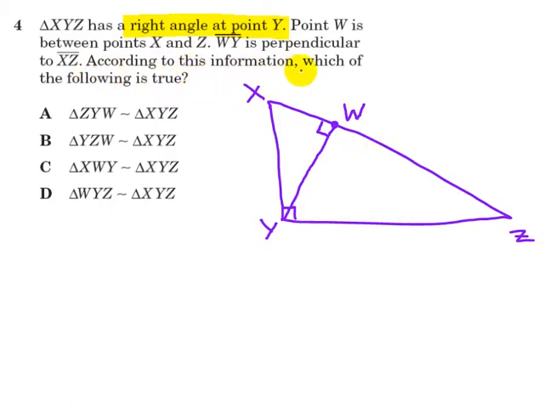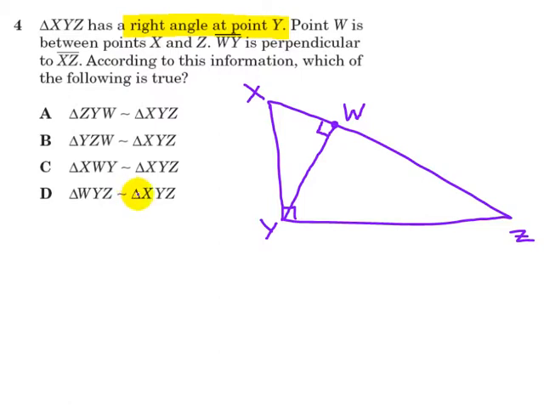According to this information, which of the following is true? And I have 4 statements, and they're similarity statements because this symbol means similar to. And you can recall that similar triangles have the same shape but not necessarily the same size. Their sides are proportional and their angles are congruent.